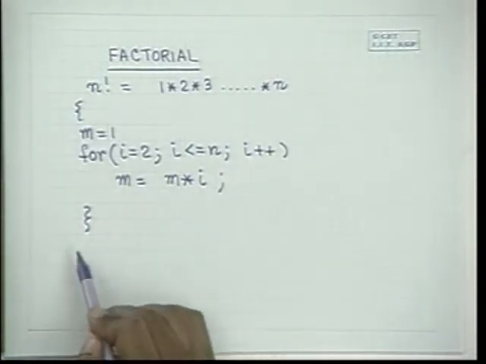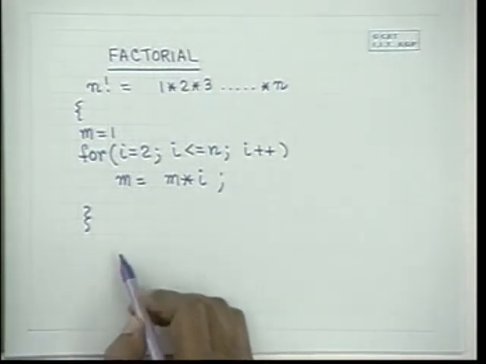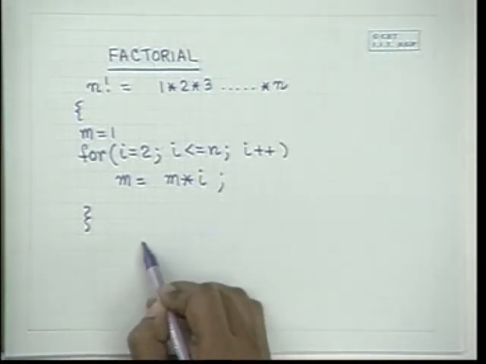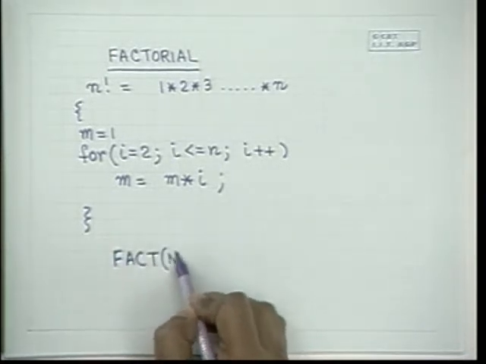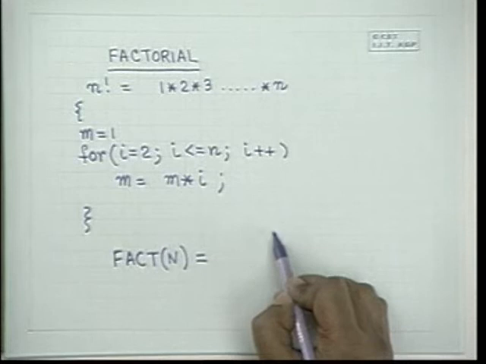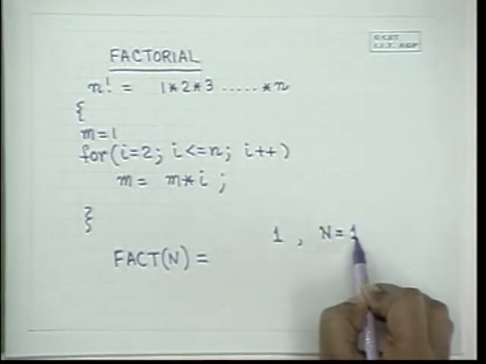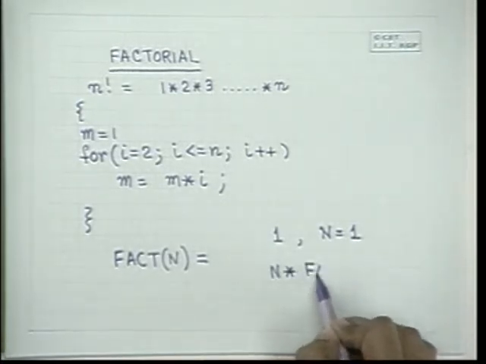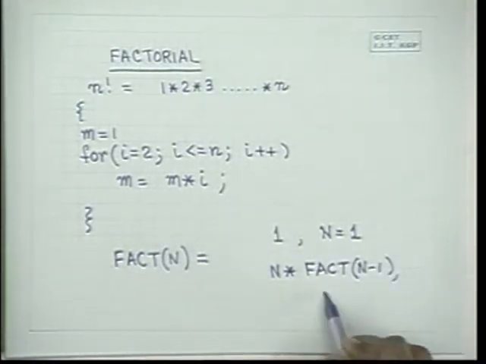However, factorial has another interesting inductive definition. The definition of factorial can be written out inductively like this: factorial of n is equal to 1 for n equal to 1 and is equal to n into factorial of n minus 1 for n greater than 1.